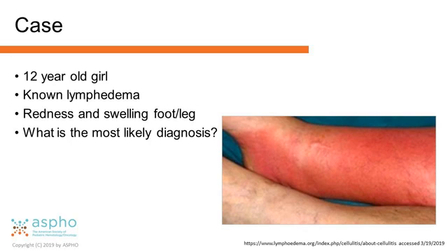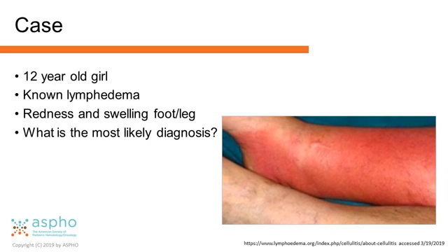So our next case is a patient who underwent therapy and had really good results. However, I received a call one night from this mother, the mother of this patient, with known lymphedema, and she reported that her daughter was complaining of tightness of the affected leg.